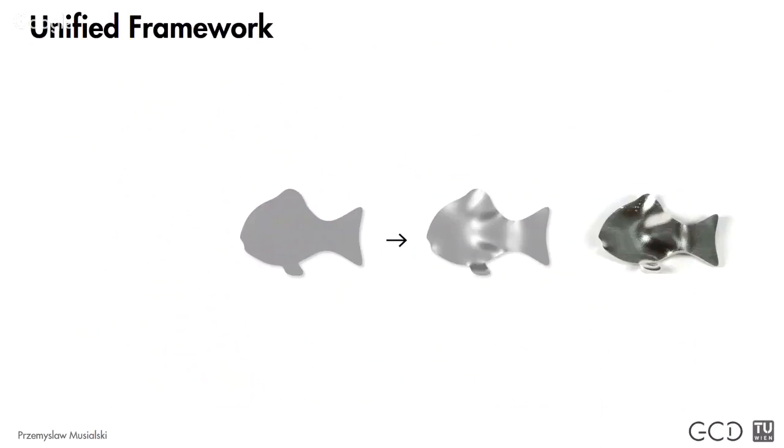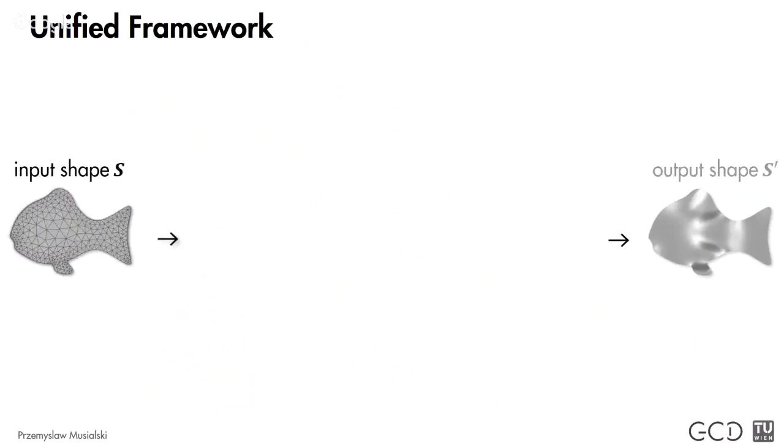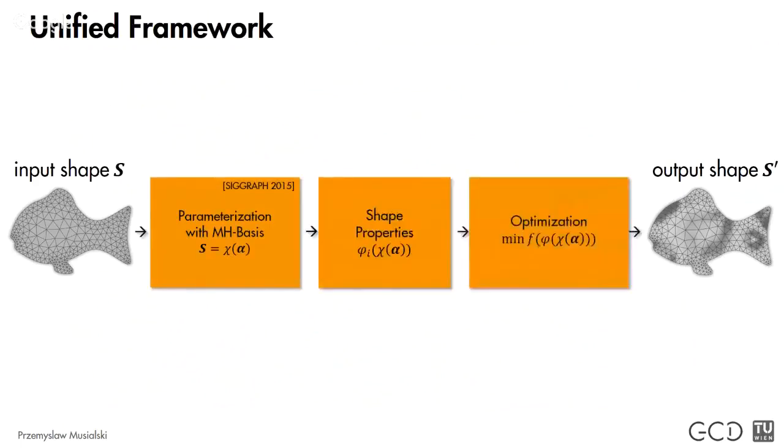And this is basically our final shape optimization pipeline, where first we have, of course, the input shape. The output shape is again a polygonal mesh, now displaced. In between we have those three steps we have seen so far: the parameterization with manifold harmonics, the definition of the shape properties, and then the optimization of those.